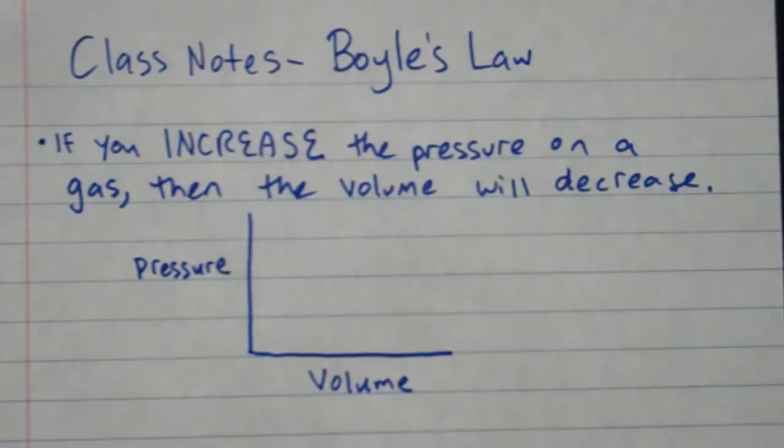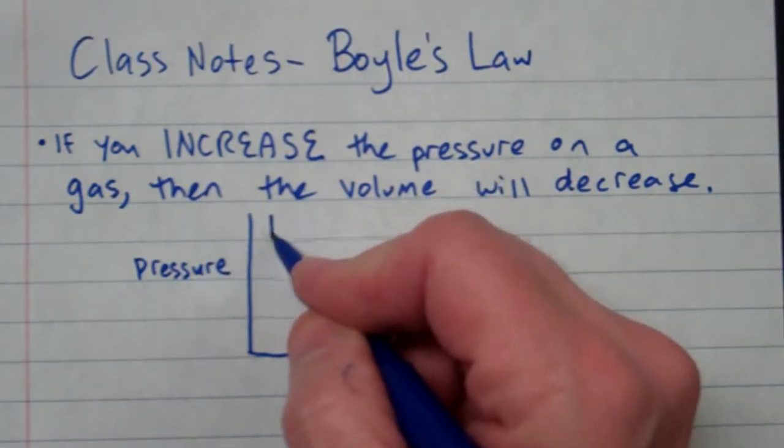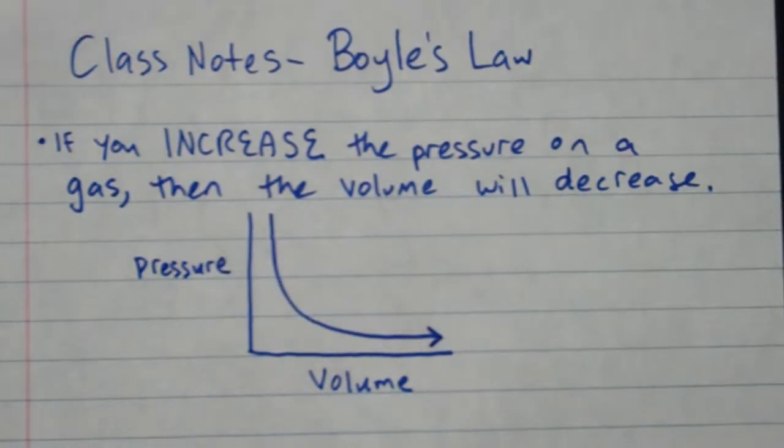And what will the graph look like? Well, if we increase the pressure, then the volume will decrease. All right? So what that graph is going to look like, actually, is something like this.